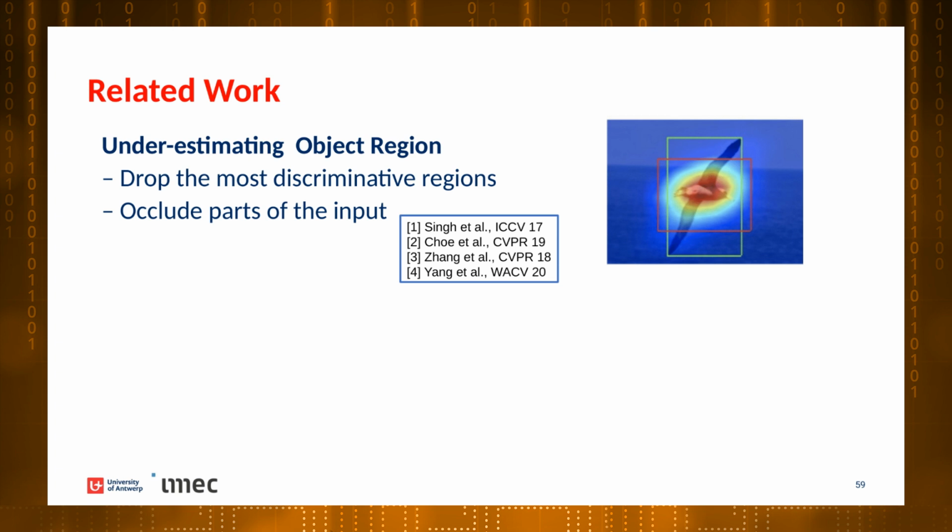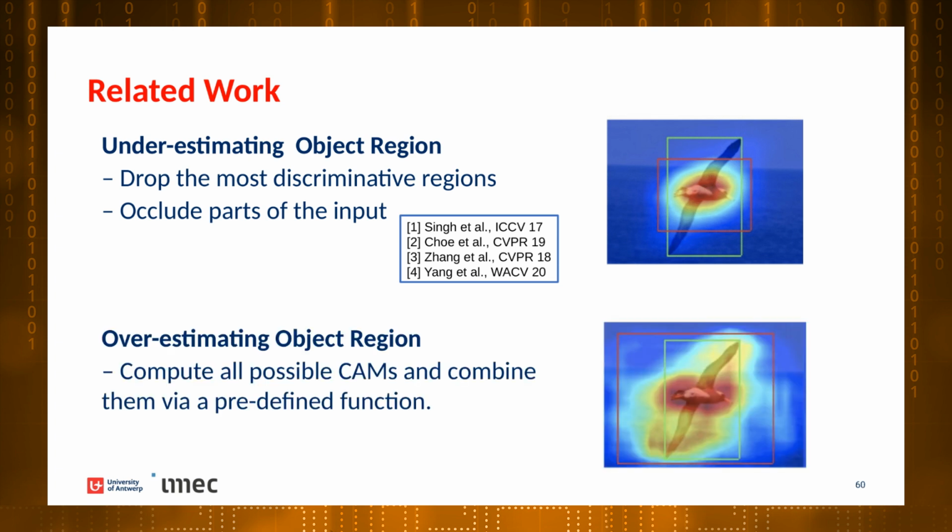For example, if we are talking about birds, we are telling it, okay, I realize you noted that the body of the bird is important. And by removing it, we expect that the model will start paying attention to the wings. And as a result, my heat map will spread a little bit towards the wings. And as a consequence, my bounding box will also extend, because the bounding box comes from the heat map.